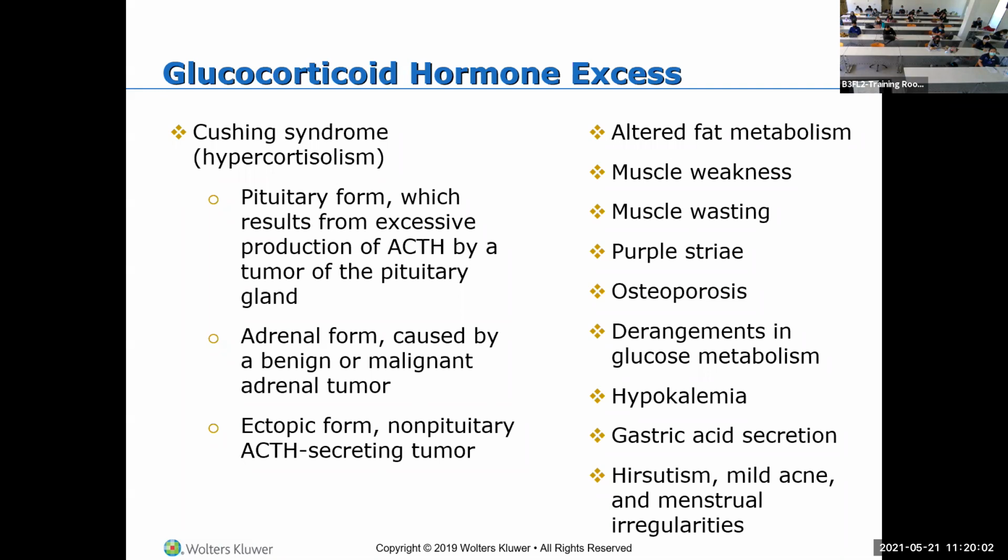Okay, now if you look at that, with overproduction everything is altered: fat metabolism, muscle becomes weak, muscle wasting starts. Highlight purple stripes. In fair skin, this is one of the diagnostic marks. Purple stripes on the skin of the abdomen.